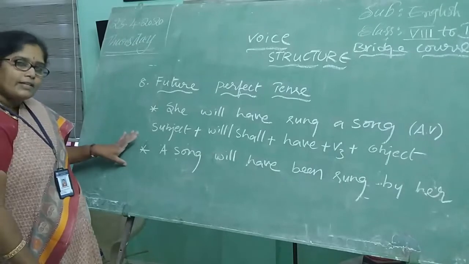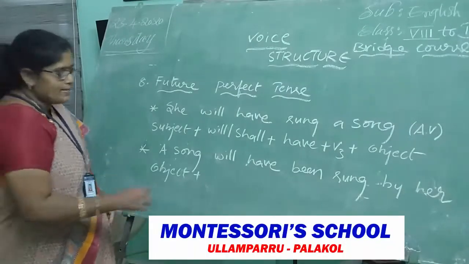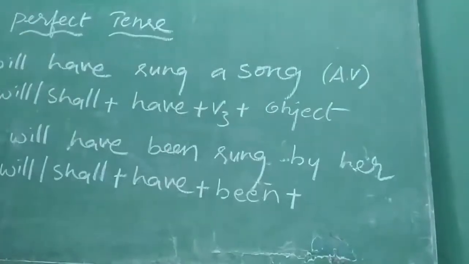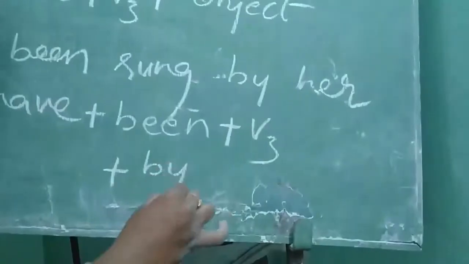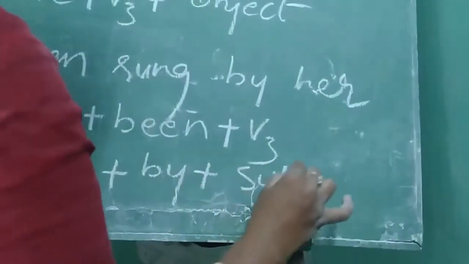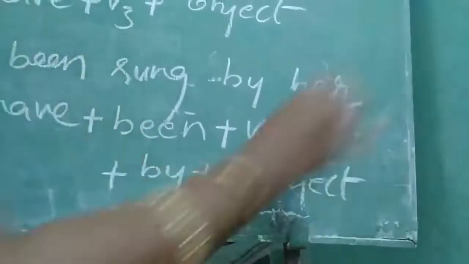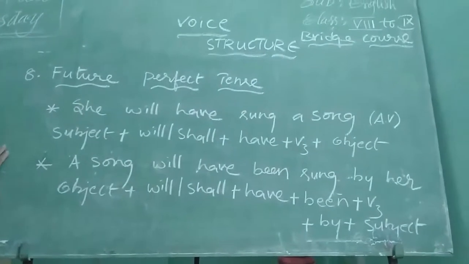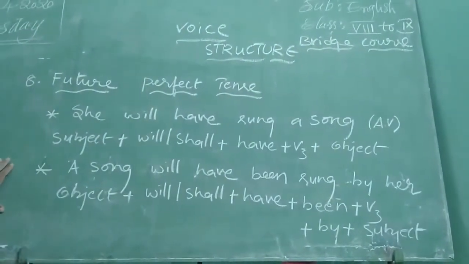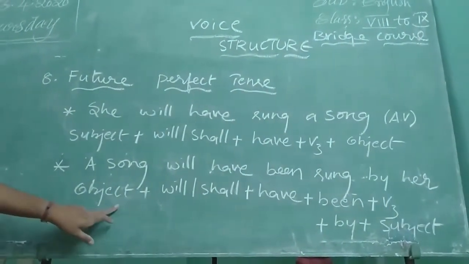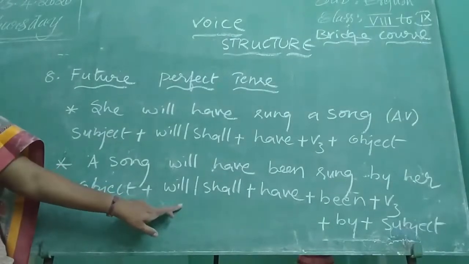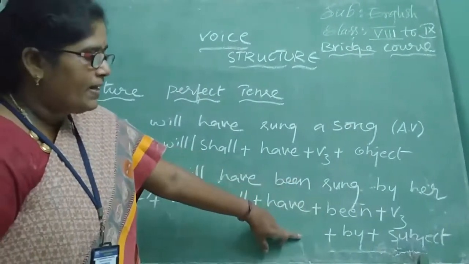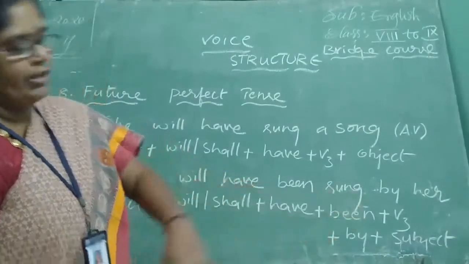The structure for this is object plus will or shall plus have plus been plus V3 plus preposition by plus subject of AV or the new object. So this is the structure of passive voice of future perfect tense. Once again: object plus will or shall plus have plus been plus V3 plus by plus subject.